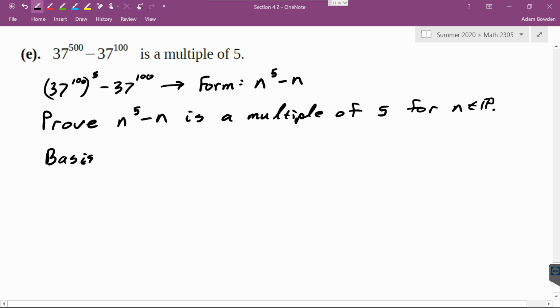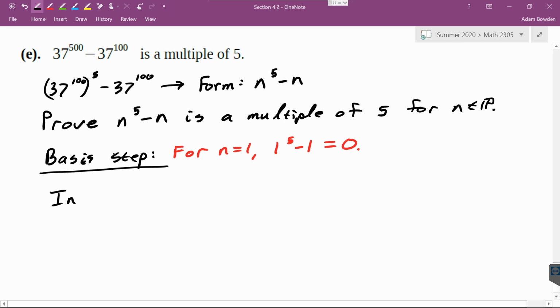We'll start off with our base case or basis step here. So we'll start with n equals 1. For n equals 1, 1 to the fifth minus 1 is equal to 0. And that's a multiple of 5. So now we'll follow to the inductive step, which means we have to assume it's true for n equals k.